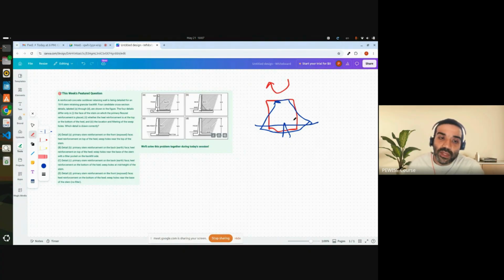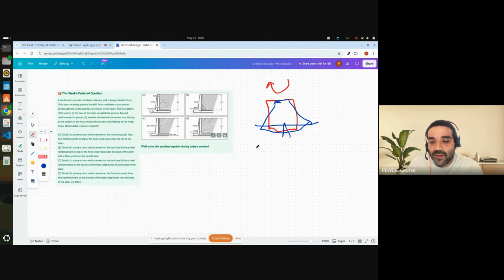So the idea is to find what kind of moment we have, what the direction is, and once we understand the direction of the moment, we can understand where we have tension, and in places where we have tension, we can put reinforcement. So we have a wall.